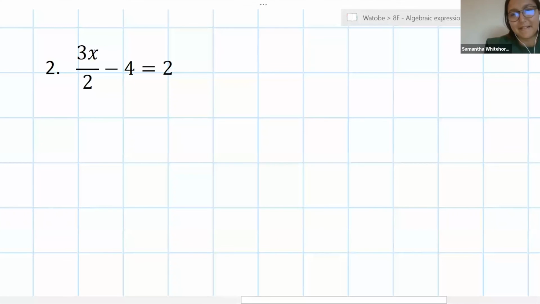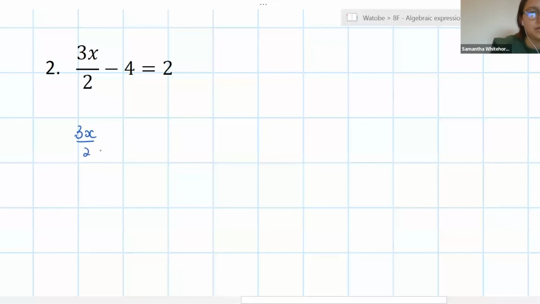Okay, ma'am, so what I did was, the sum is 3x divided by 2 is equal to, so I moved the 4 to the right, which is 2 plus 4. Okay, cool.